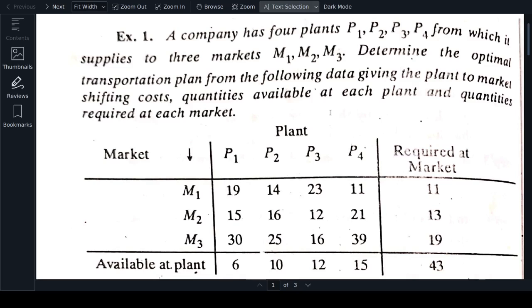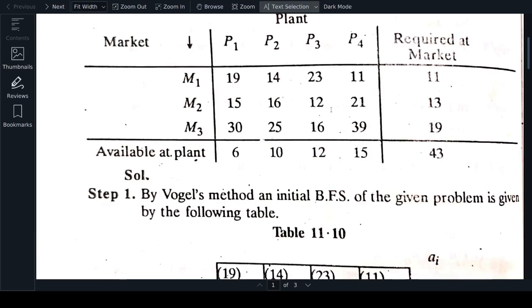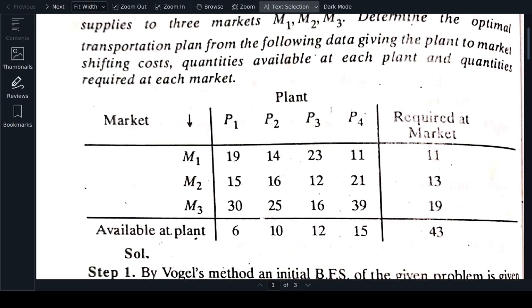Here we always apply Vogel's approximation method. Why? Because Vogel's approximation method gives a value nearer to the optimal solution. After this, we check the optimality test.